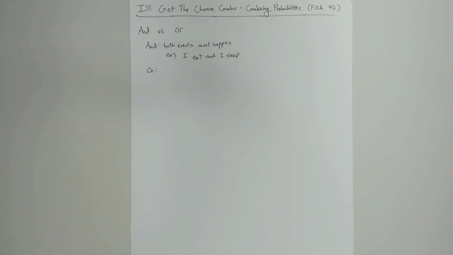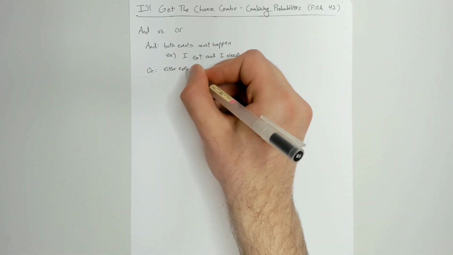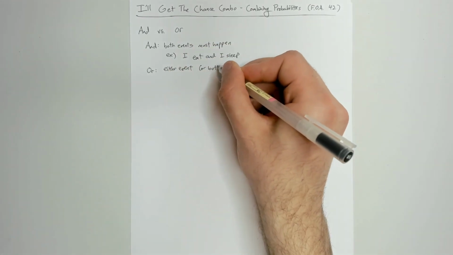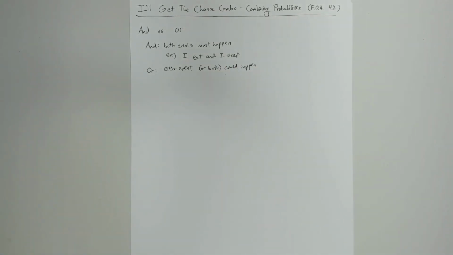Or is maybe a little more worthwhile talking about. This is either event or both could happen. So sometimes when people say or, it's like one or the other, but not necessarily both. Like, for example, you can either watch this show or watch that show. If they're on at the same time, you can only do one of the two. You can't do both. So that would be what we would call an exclusive or.